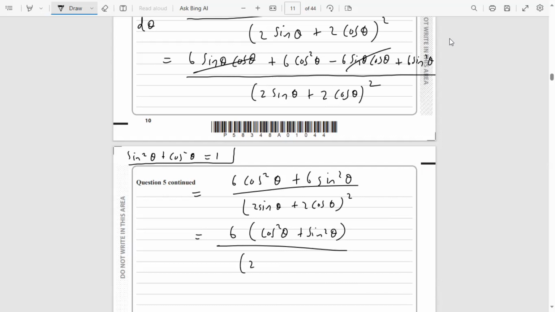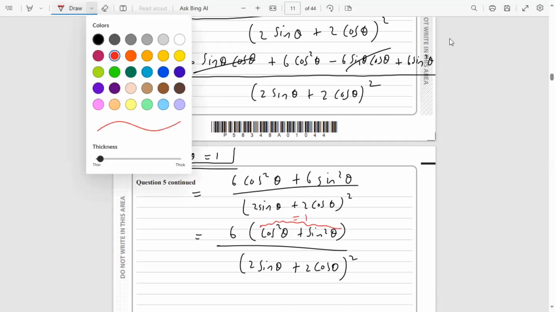And then we still have our denominator, which is the same as before, 2 sine theta plus 2 cos theta all squared. But obviously cos squared plus sine squared is 1, as we know from the identity. So this here is just equal to 1. So what we've got is 6 times 1 on the top.